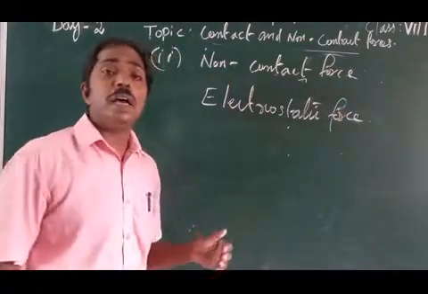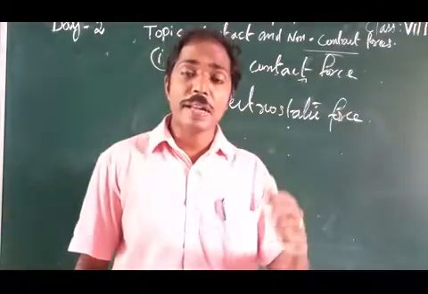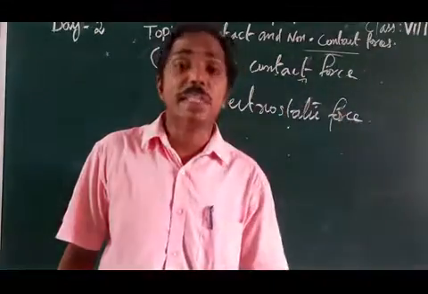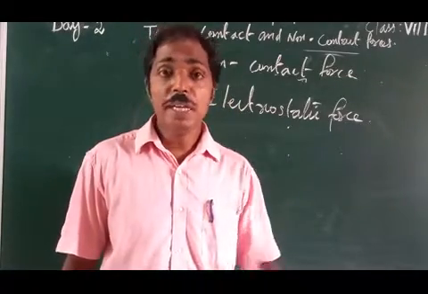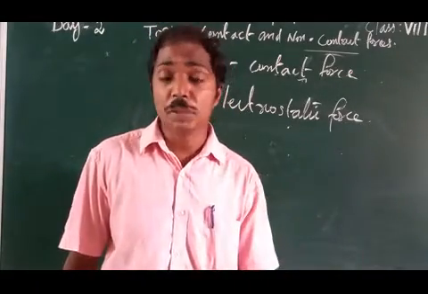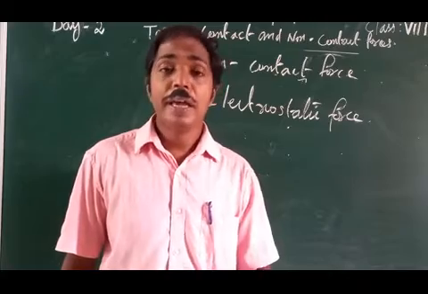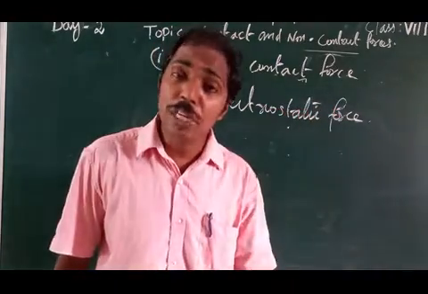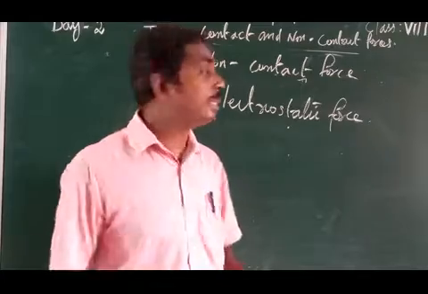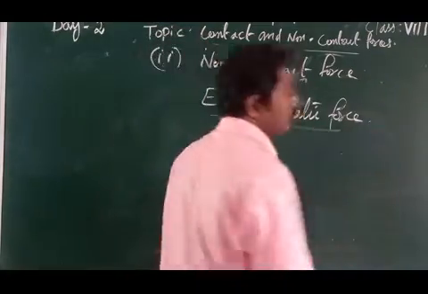It is a force acted upon by a charged body on another charged body or an uncharged body. A charged body can attract another charged body or an uncharged body.